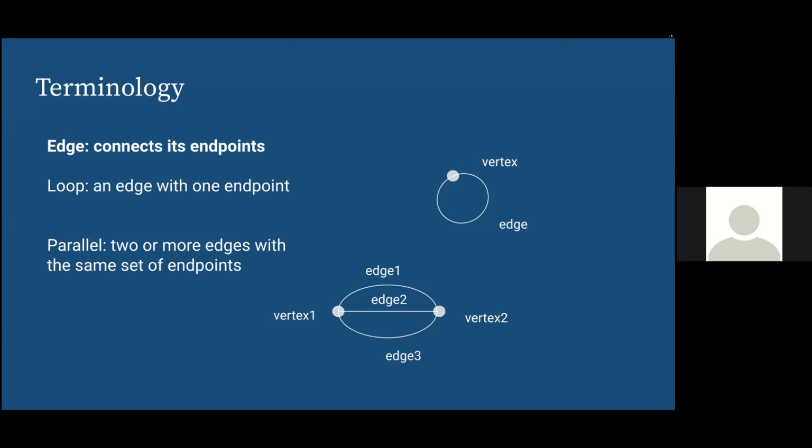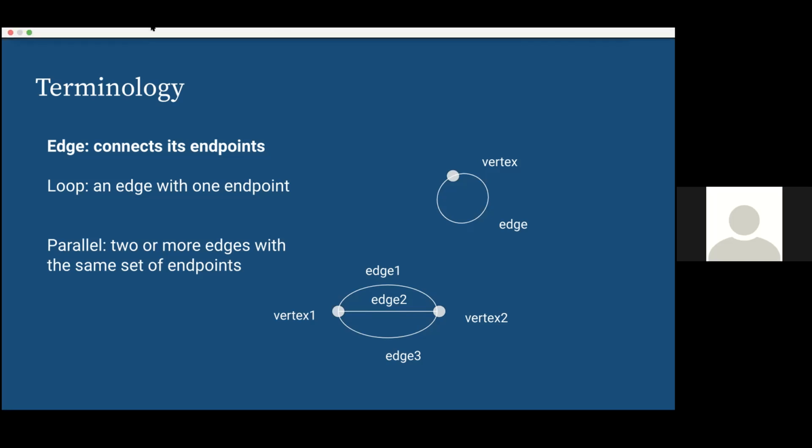So, excuse me, Soma, can you explain a little bit more about the parallel part? I don't really understand that. Okay, so H1, H2, and H3 are connected with both vertex 1 and vertex 2.